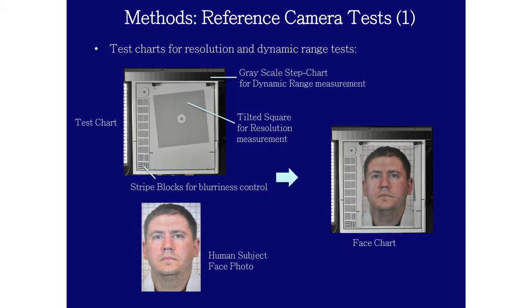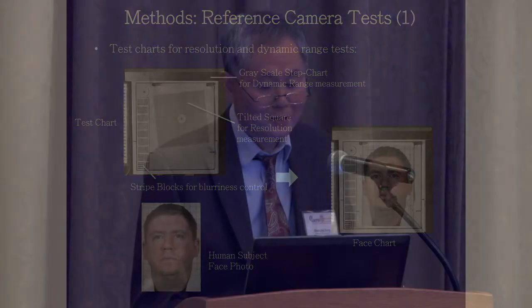This is for the resolution. We can use this slope to test the photo resolution. And there's the Kodak Q14 grayscale step chart. There are about 20 gray steps. It will represent about 6 EVs of dynamic range.